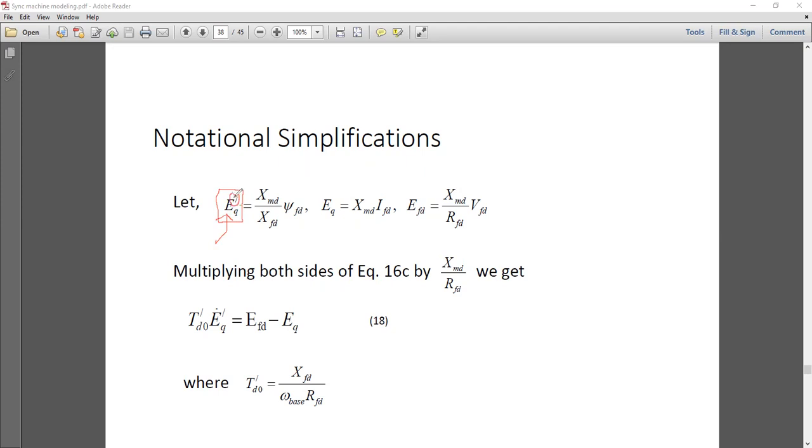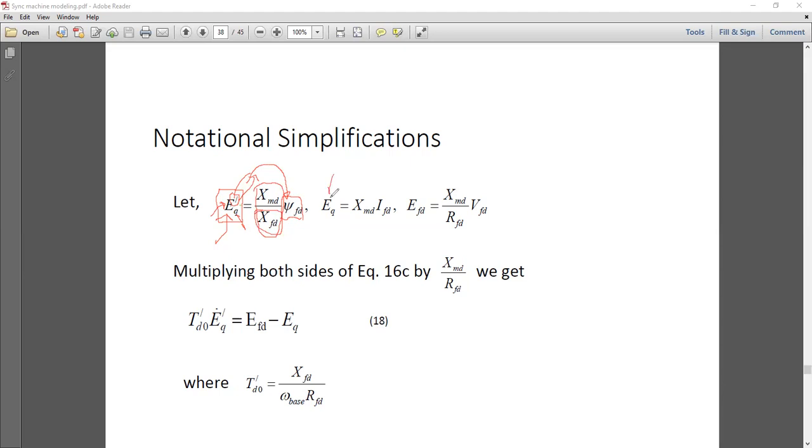The single dash stands for transient, double dash stands for subtransient. So EQ dash is the synchronous machine voltage along the Q axis under transient condition, and that is related to the field flux linkage. So that is a function of field flux linkage and some proportion of your XFD.